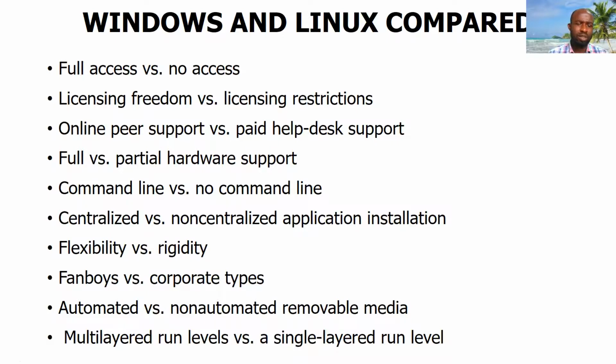With Windows, there is online peer support, but with Linux, it's paid help desk support. With Windows too, we have full support of the hardware as compared to Linux, which has partial hardware support. There is a command line in Windows, but there is no command line in Linux. Windows is also centralized, and Linux is non-centralized in application installation.